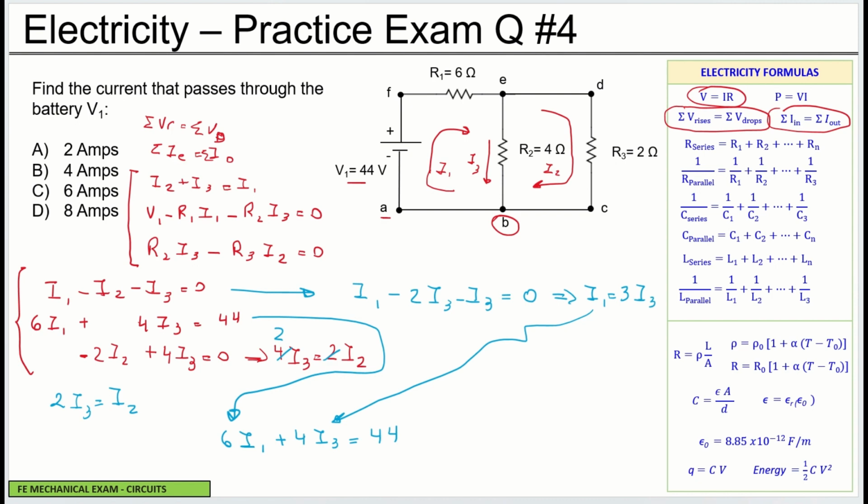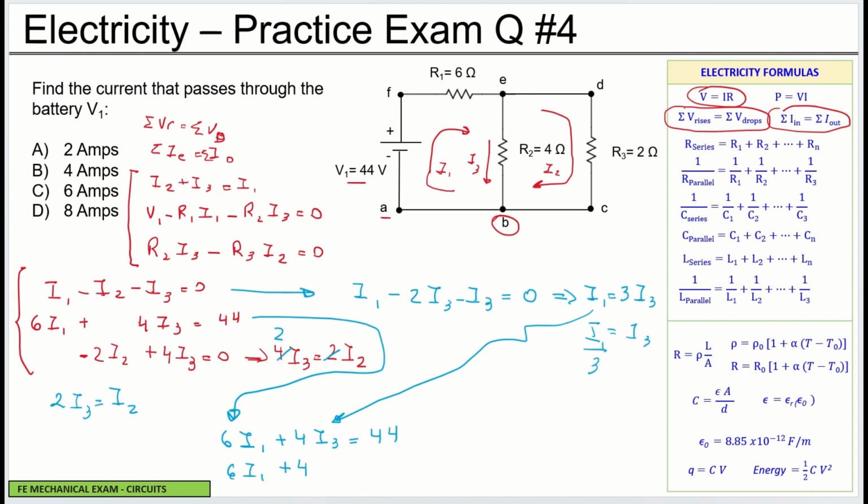So let's continue: 6I1 plus 4I3, where I1 divided by 3 equals I3.